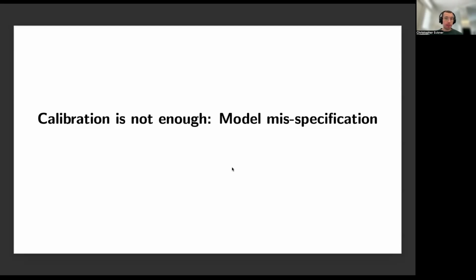And this is about the topic of model misspecification. So this is exactly the part why you have to check for calibration, in particular regarding biases of your inference. But this also gives you a handle on understanding whether or not you can improve your model.